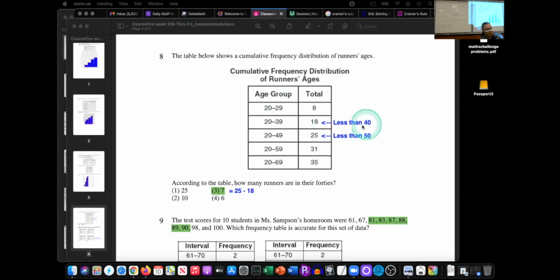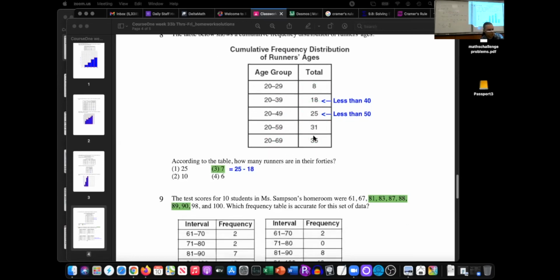Now I just said less than 40 here, but less than or equal to 39 is equally applicable. All right, so we only start including the 40s once we get to the 3rd column. So 18 of those numbers were less than or equal to 39. Including the 40s, we got 25. So notice that's 7. We had 7 more numbers that were in the 40s to get the 25.